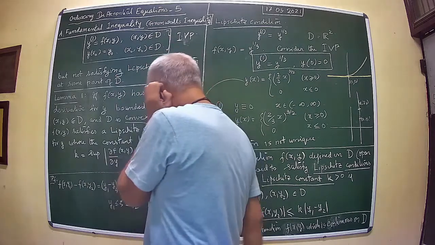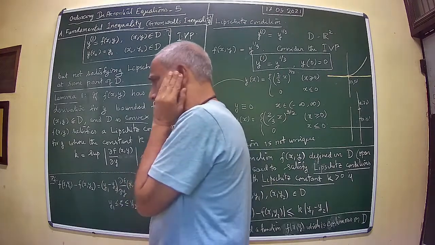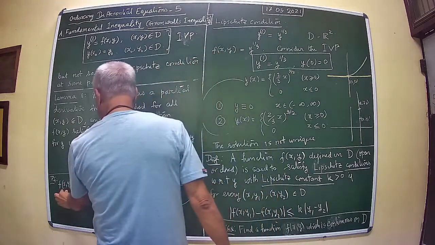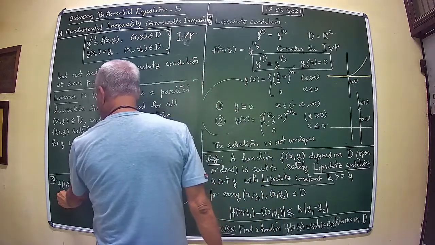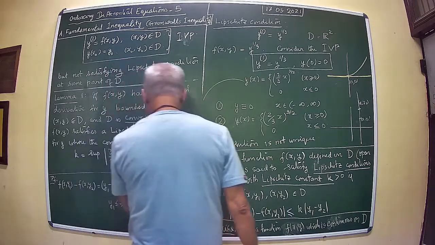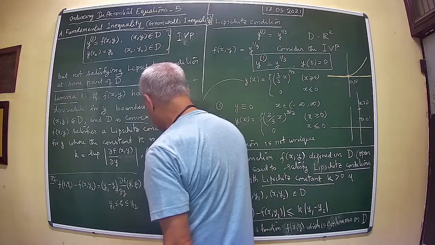Now you can easily see, you are assuming this is bounded, and you are assured that the entire line segment joining (x, y1) and (x, y2) lies in D. You are keeping the x coordinate the same.